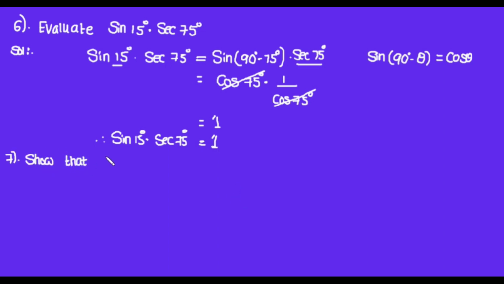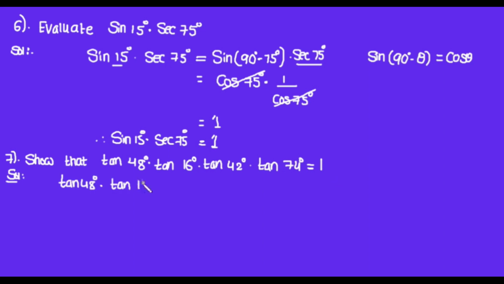Problem number 7. Show that tan 48 degrees multiplied by tan 16 degrees multiplied by tan 42 degrees multiplied by tan 74 degrees is equal to 1. In this problem, first we have to find the tan terms whose angles sum is 90 degrees.